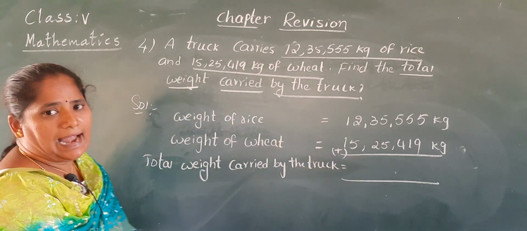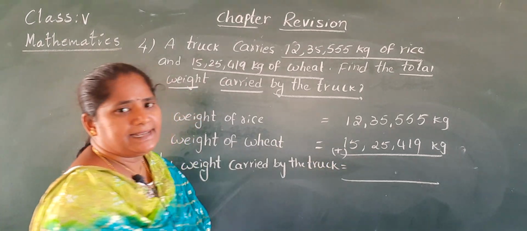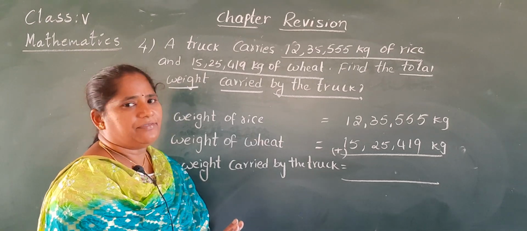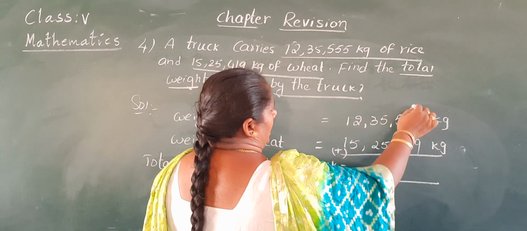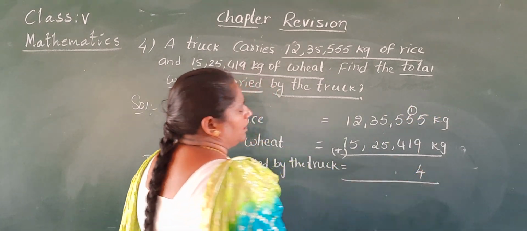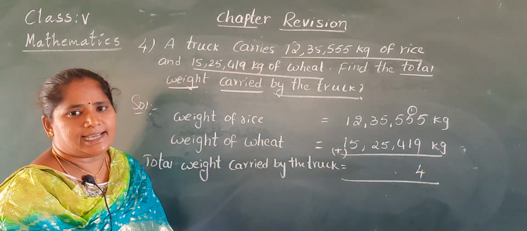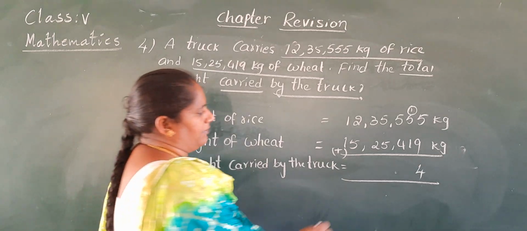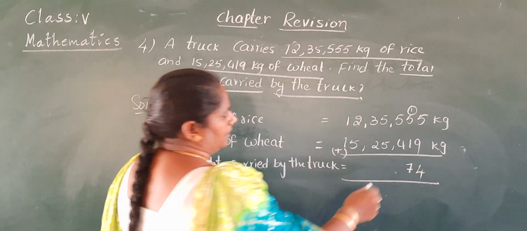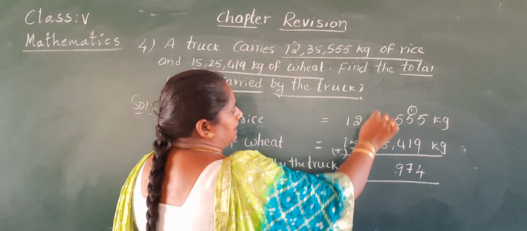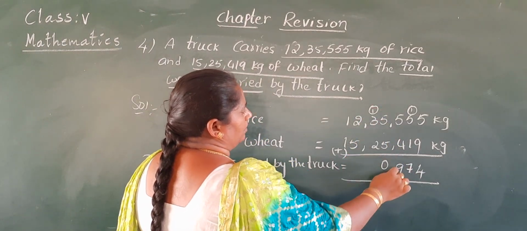Equal to, add ones place, 5 plus 9, 5 fingers, 9 after 10, 11, 12, 13, 14. So 1 carry, 4 down. Now add tens place, 1 plus 5, 6, 6 plus 1, 7, 5 plus 4, 9, 5 plus 5, 10, 1 carry, 0 down.